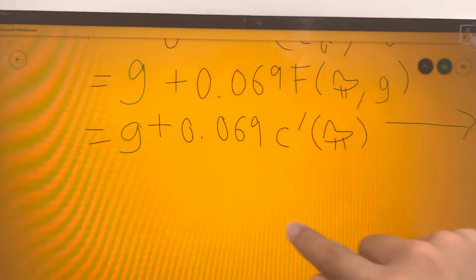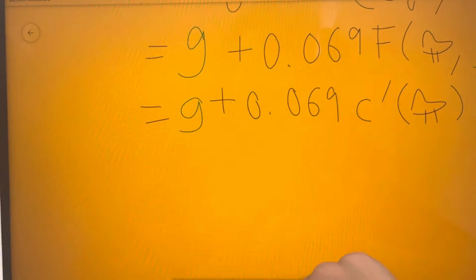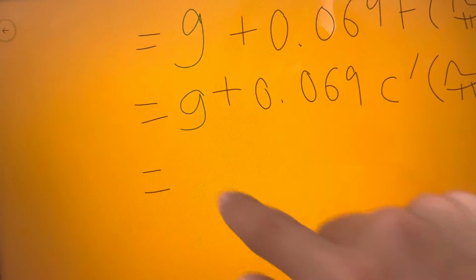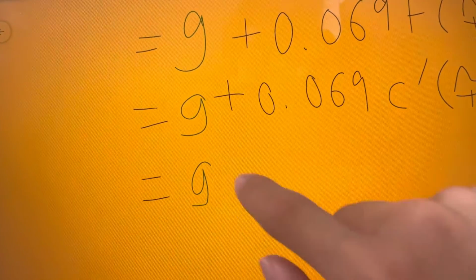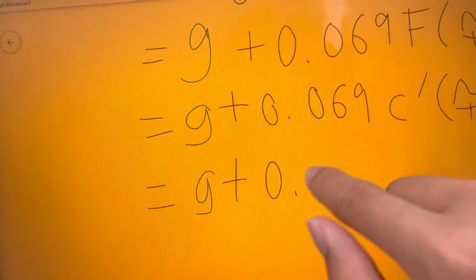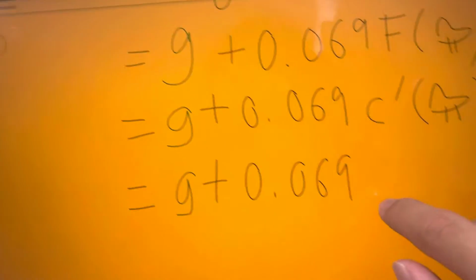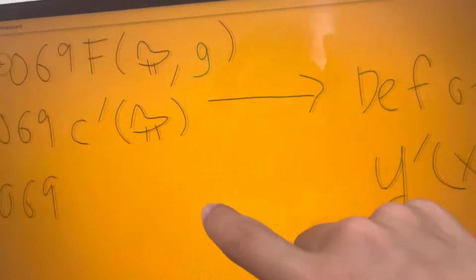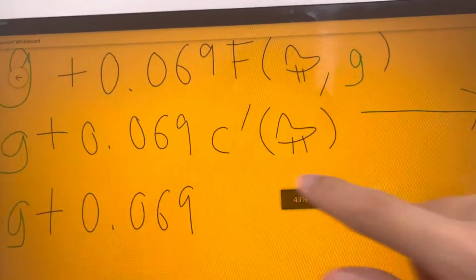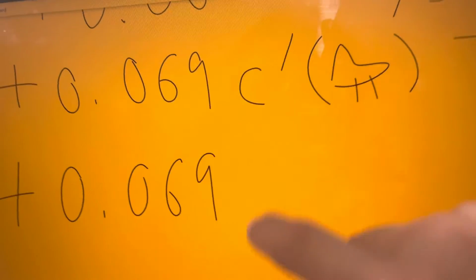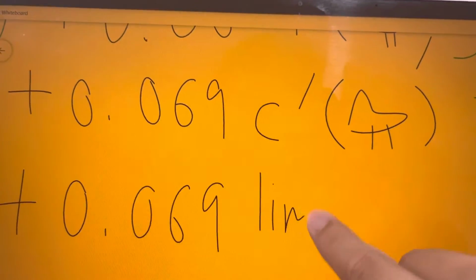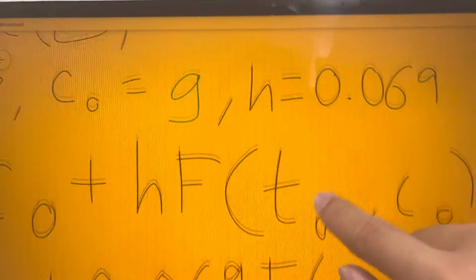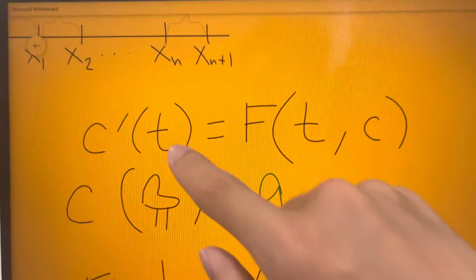So we go back here and plug it in. That's green plus 0.069, and we multiply it by the limit as delta t approaches 0. Now it's not x here, remember, it's t.